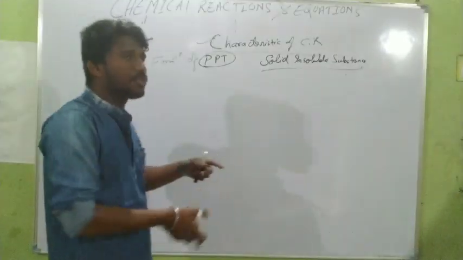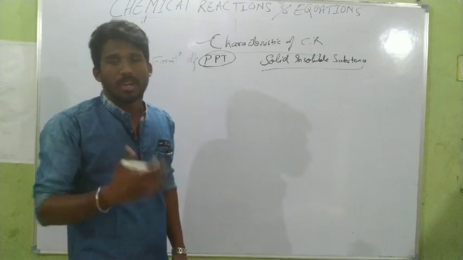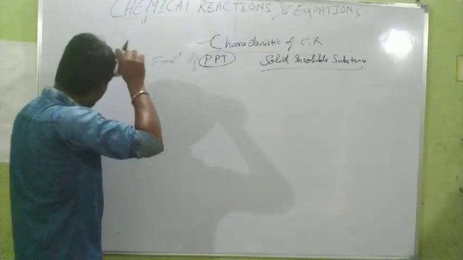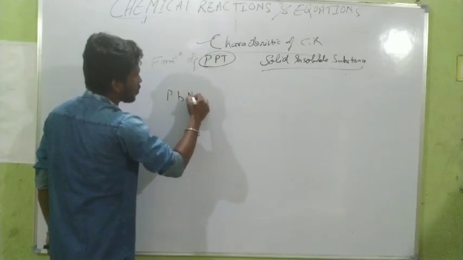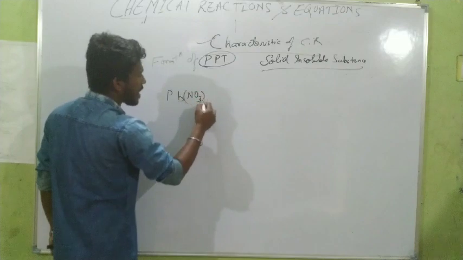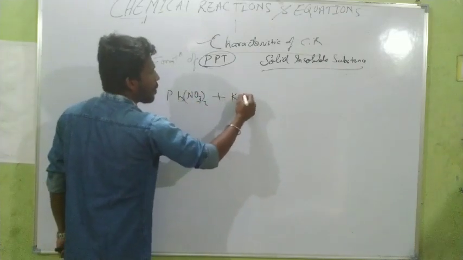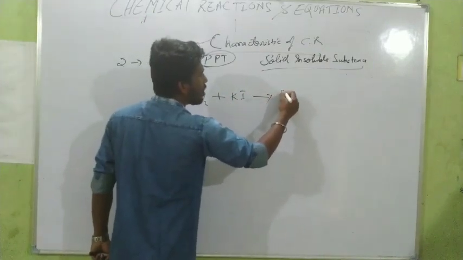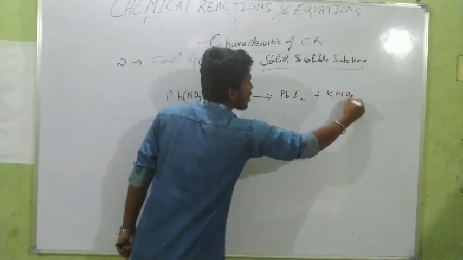Any such thing that does not mix in a solution, that is called a precipitate. Okay. So for example, PbNO3, lead nitrate, when it reacts with potassium iodide, this will give you lead iodide plus potassium nitrate.